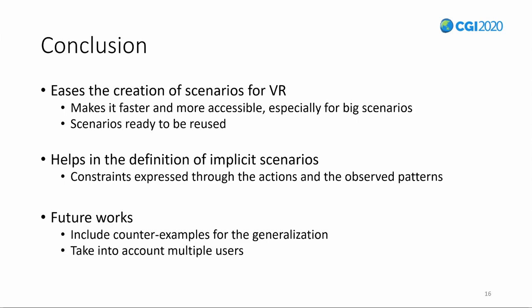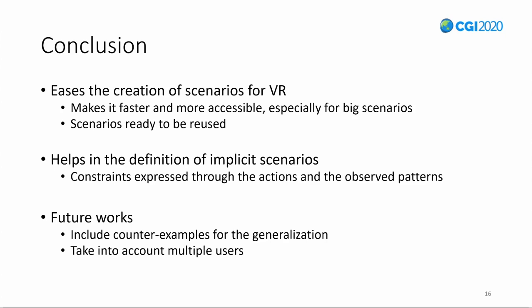Another advantage of this method is that it helps in defining implicit constraints for different procedures, since those constraints are expressed through the actions of the user for the first part, and also through the patterns that can be observed and detected during the generalization part.